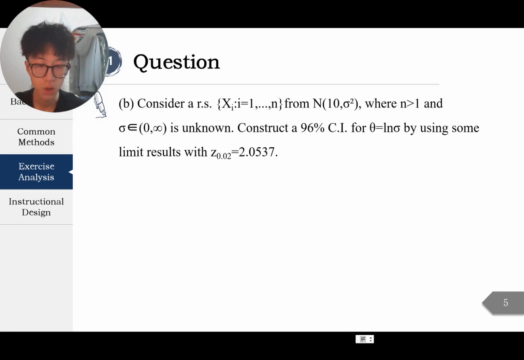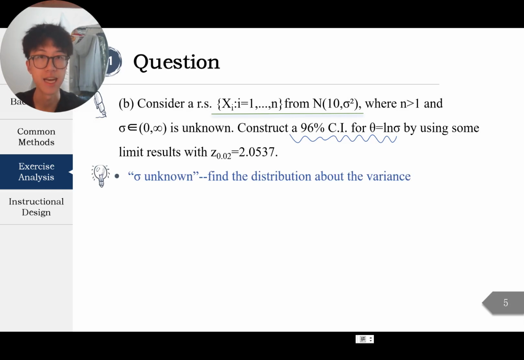Again, we want to find a confidence interval for the parameter theta. And the difference is that this time the random sample obeys a normal distribution in which the population variance is unknown, right?